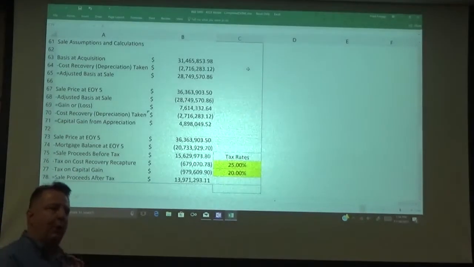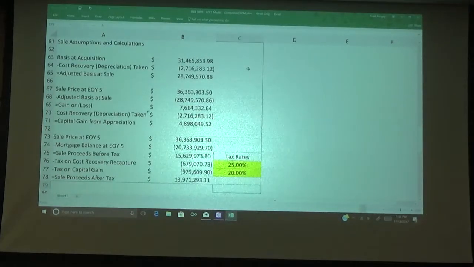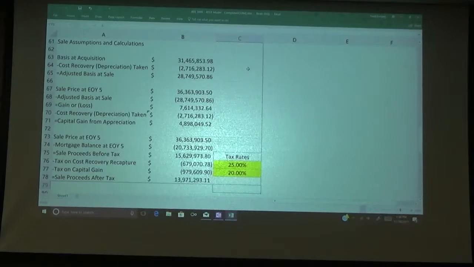Now this is where it gets interesting and wacky, because you get taxed on 2 different things. You get taxed on the value of the property going up, which is the tax on appreciation, but you also get taxed on the depreciation that you have taken, or the recaptured depreciation.